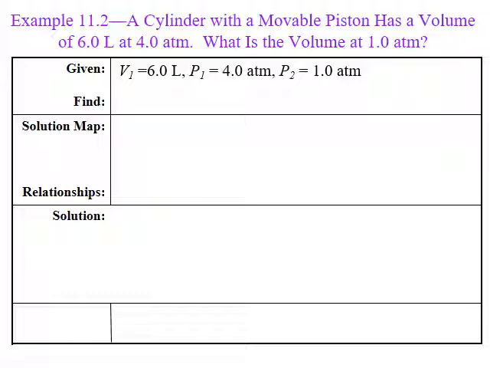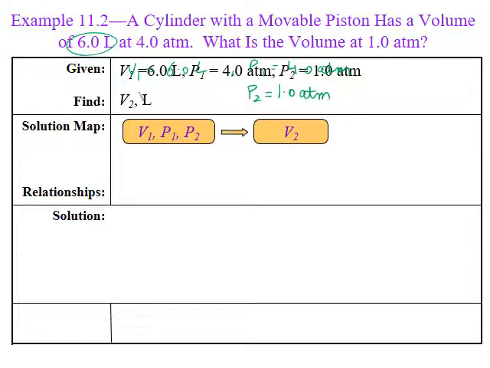So I'll assume my initial volume is 6.0 liters. Initial pressure was 4.0 ATM. What is the volume at 1 ATM? Meaning the pressure 2 is now 1.0 ATM, and the volume is what I need to solve for.